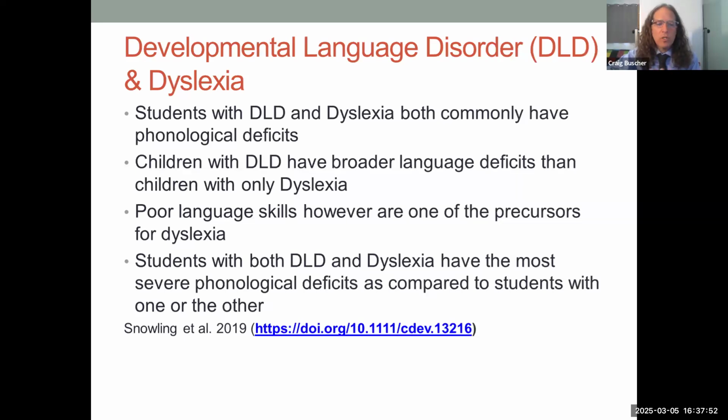And when you look at the students who develop both developmental language disorder and dyslexia, they have the most severe phonological deficit. There are some students who we measure at a young age who have a phonological deficit but don't develop dyslexia. They become an okay word reader. The ones who develop dyslexia have a more extreme phonological deficit.